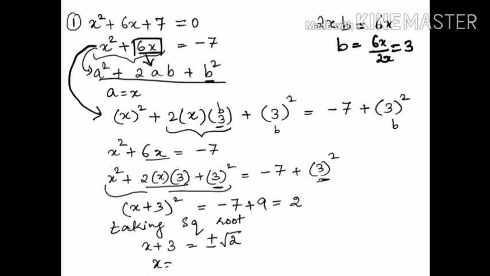So x is equal to minus 3 plus minus square root of 2. Plus minus means that there are two roots. So x is minus 3 plus root 2, and x is equal to minus 3 minus root 2.